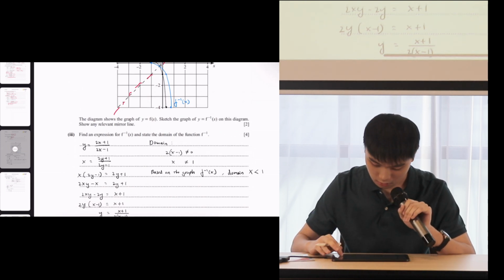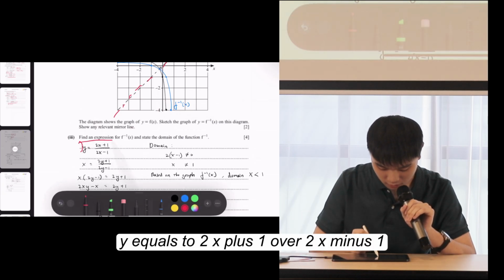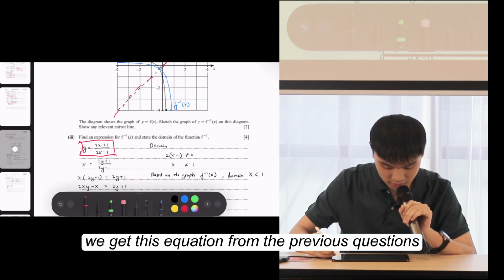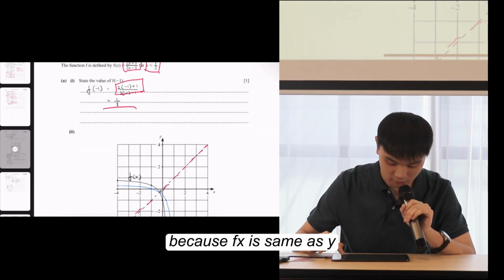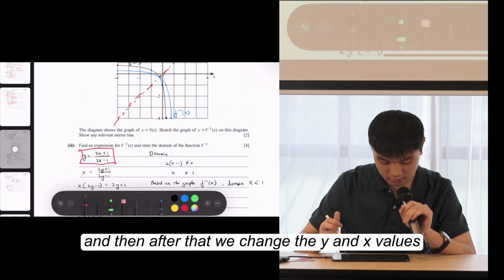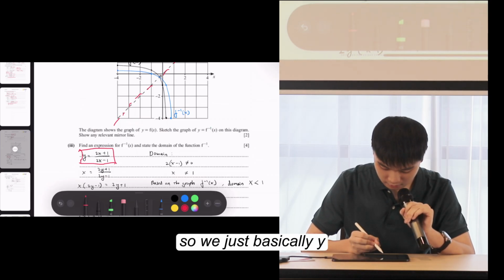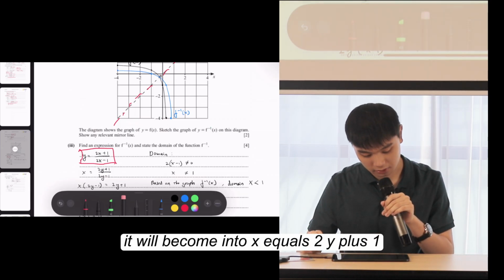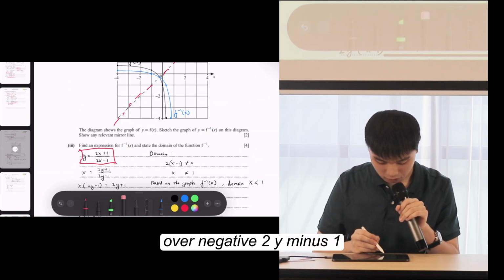So first, since we already get the equation y equals 2x plus 1 over 2x minus 1, we get this equation from the previous questions, because f(x) is the same as y. And then after that, we change the y and x values. So y equals 2x plus 1 over 2x negative 1 will become x equals 2y plus 1 over 2y minus 1.